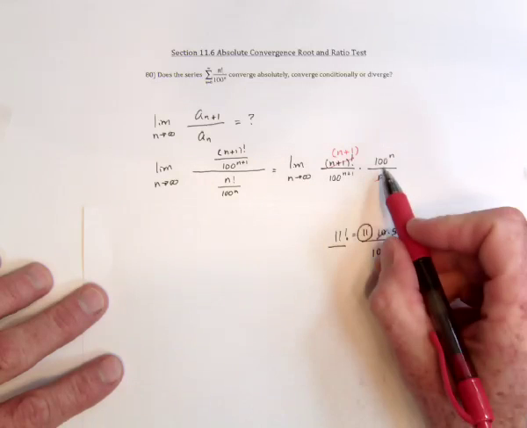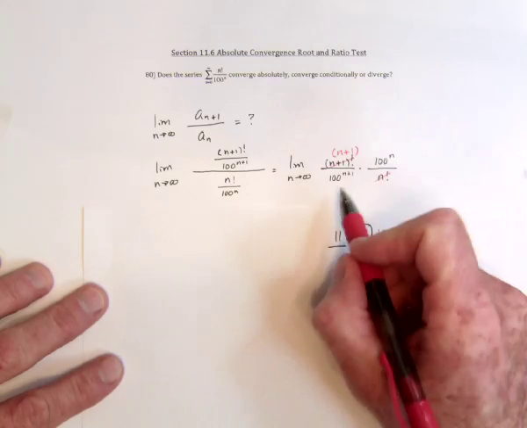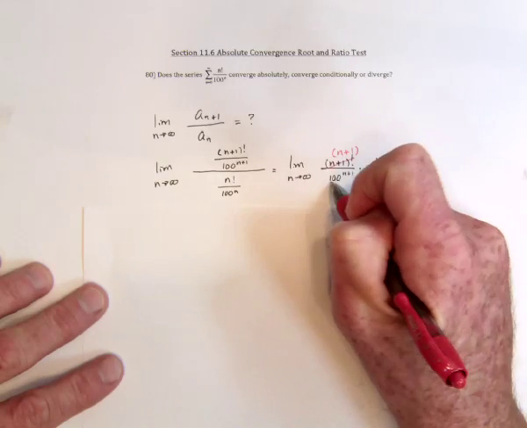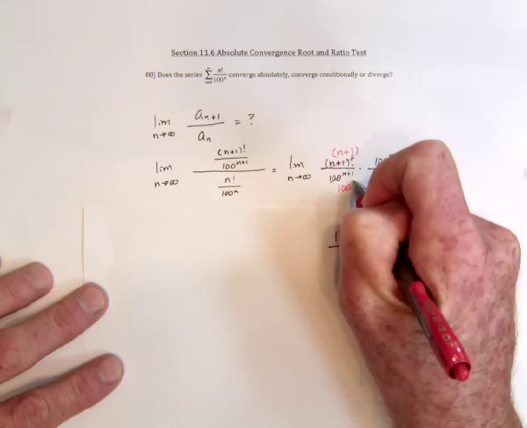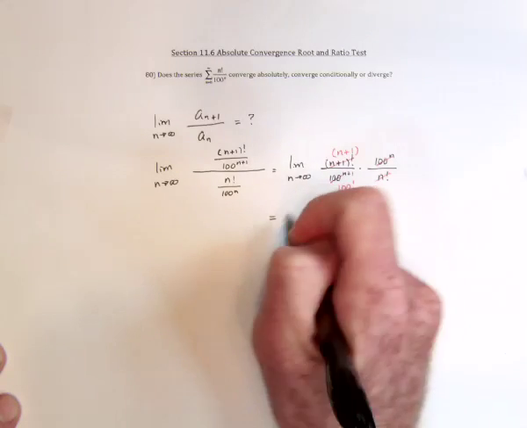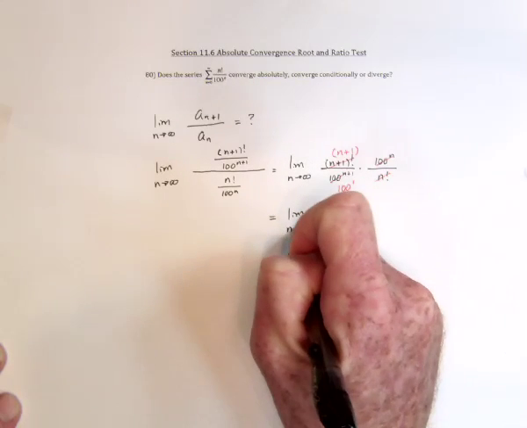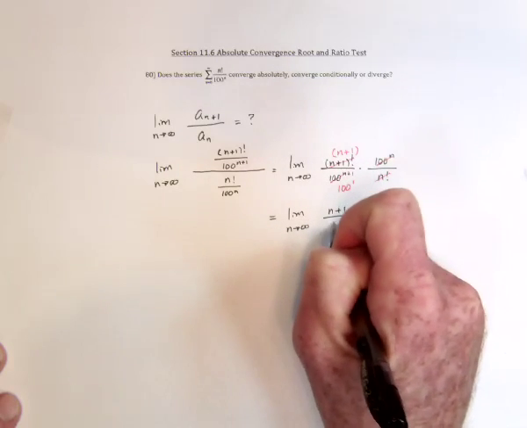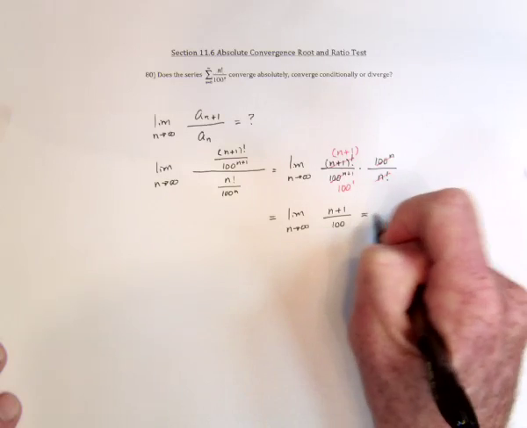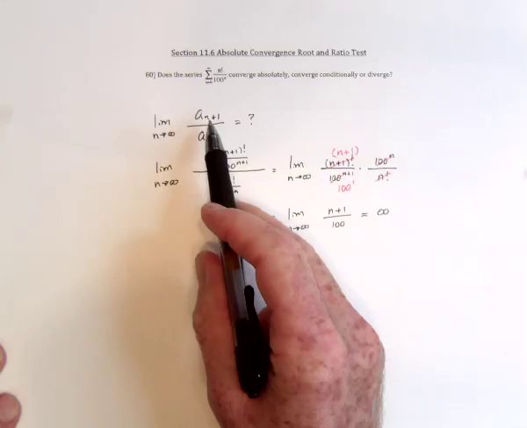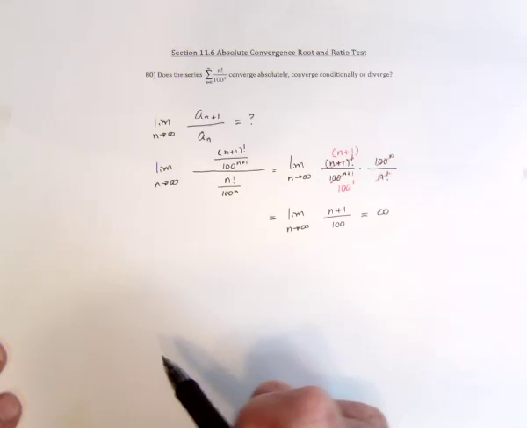Likewise over here, 100 to the n will cancel the 100 to the n, but it'll leave behind 100 to the 1. So then we have the limit as n goes to infinity of n plus 1 on top and then 100 on the bottom, and then that equals infinity, which is then saying the ratio of the terms is getting bigger and bigger and bigger.